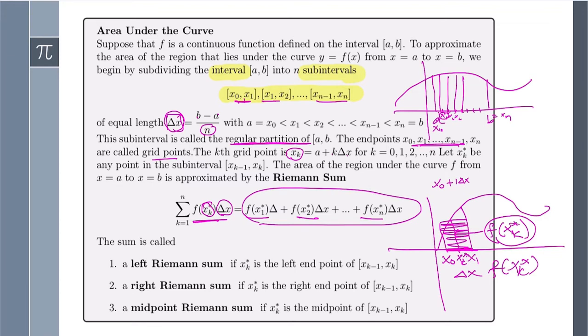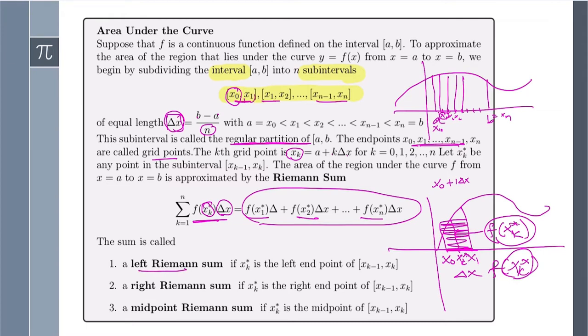Now, how do we choose that x sub k star to determine the height of the rectangle? We can pick any point, but usually this is what we are going to see with the examples. We can do this in 3 different ways. We can choose the left endpoint of the subinterval as the height, so that gives us the left Riemann sum.